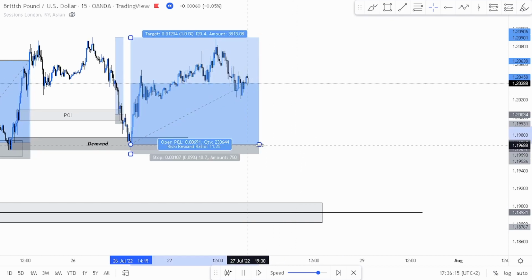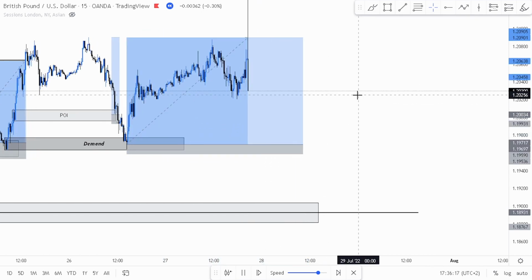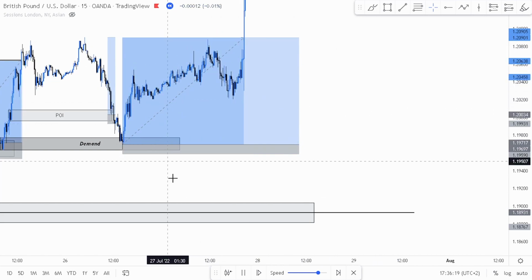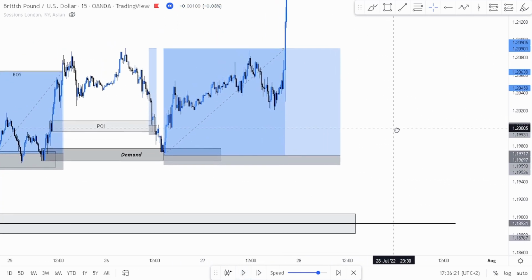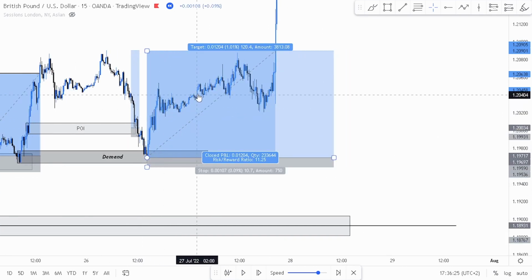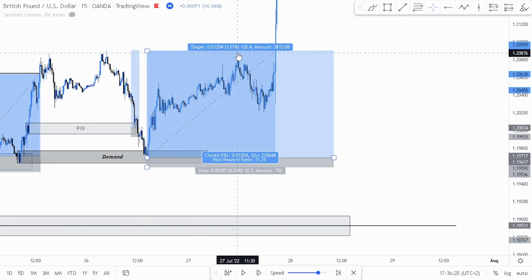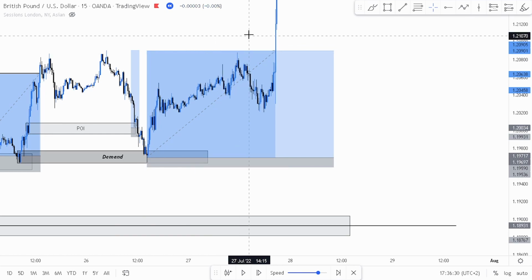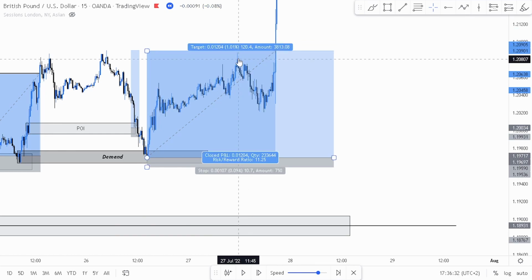So I'm not sure what psychology you have, but most people like to secure after price has moved a certain amount of pips. So as you can see right over here, our TP was missed by a small margin, and most people could have closed because this was next to their TP.